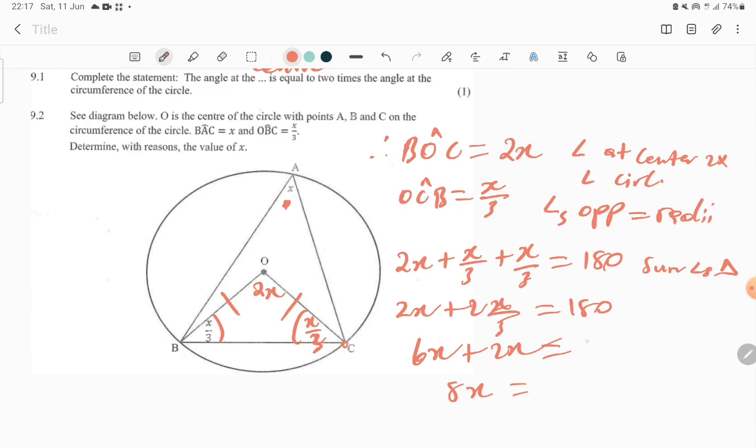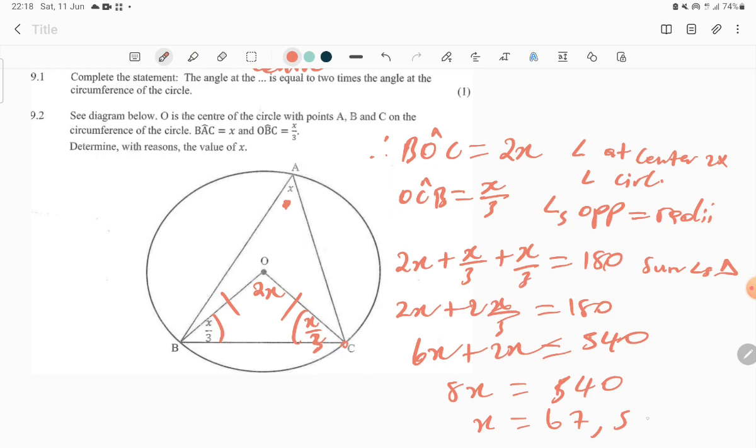That makes us have 180 times 3, which gives us 540. Yes, this is 540. Then our x becomes 540 divided by 8, and we get 67,5.